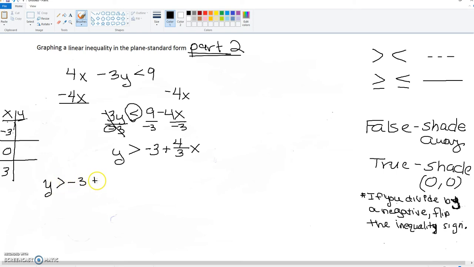So negative 3 plus 4 over 3 times negative 3. And what happens is these 3's cancel. We've got this negative, so be careful with that. So 4 times a negative 1 now is negative 4. So negative 3 and negative 4 is negative 7.